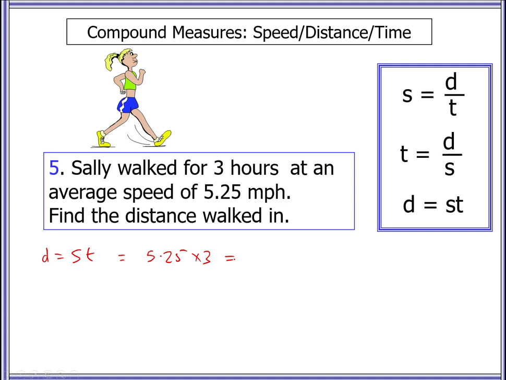Work that out on my calculator. So 5.25 times 3, 15.75. So that's 15.75 miles. Job done.